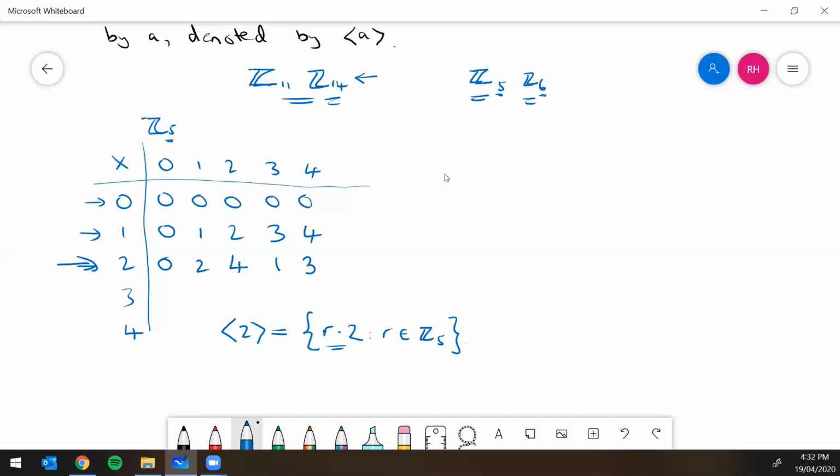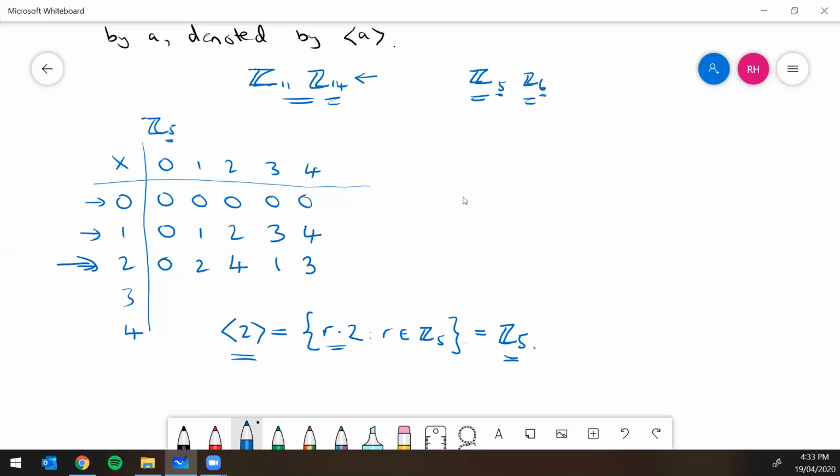And you can see this actually turns out to be every element of the set. So it is actually just Z5. So the ideal generated by 2 gives you Z5, which is certainly an ideal in Z5. And so that would be a principal ideal.